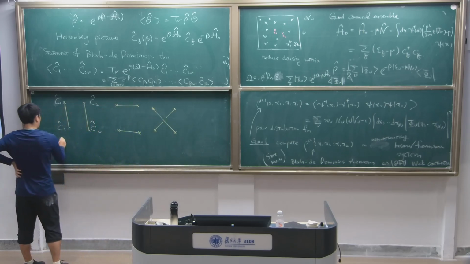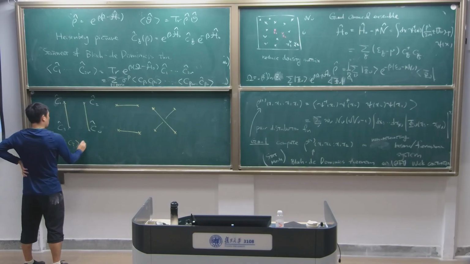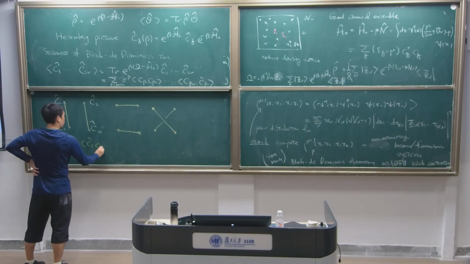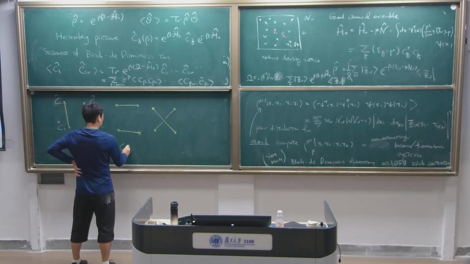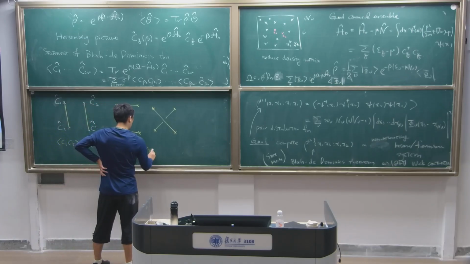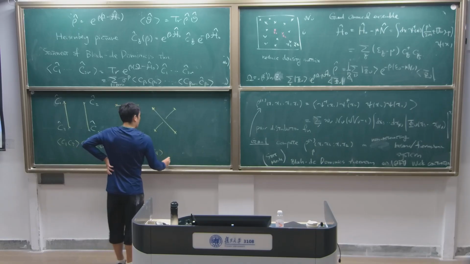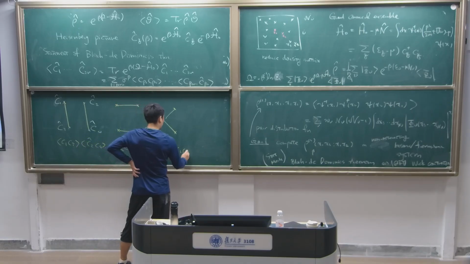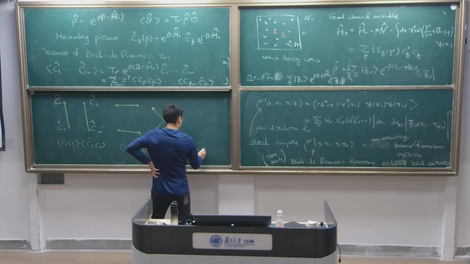So this is C1, C3, C2, C4; this is C1, C2, C3, C4; and this is C1, C4, and C2, C3.